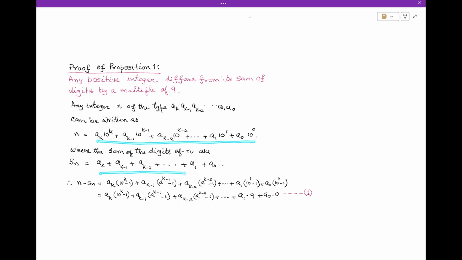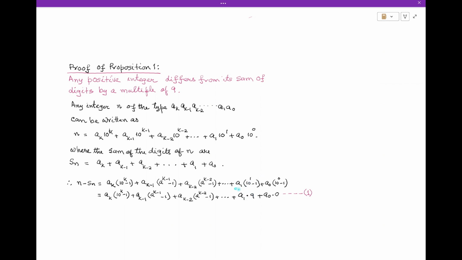and we get a_k multiplied by (10 to the power of k minus 1) plus a_(k-1) multiplied by (10 to the power of k minus 1, minus 1) plus a_(k-2) multiplied by (10 to the power of k minus 2, minus 1). Like this it will go on.